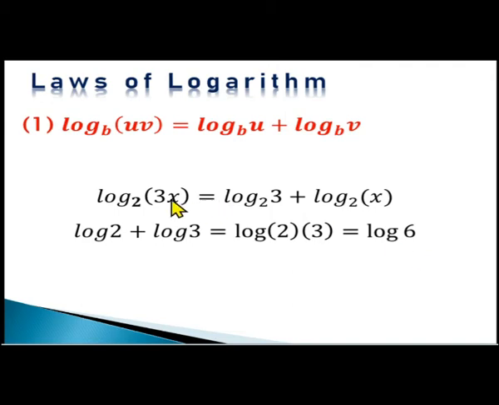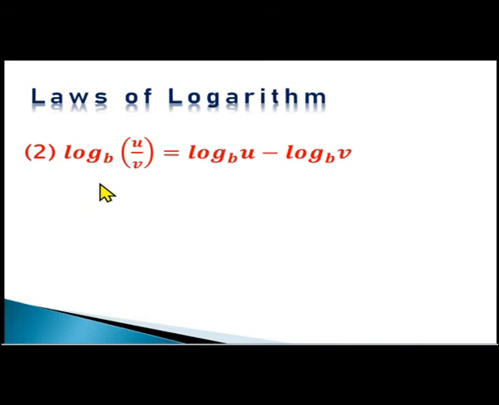Again, when you have the multiplication sign and you apply the laws of logarithm, this becomes addition and the process is what you call expansion. But if you have the addition going to multiplication, the process is what you call condensation. Now let us proceed. Second law.